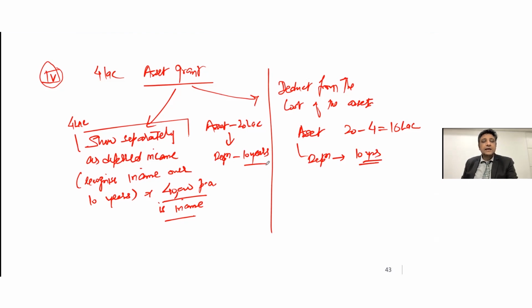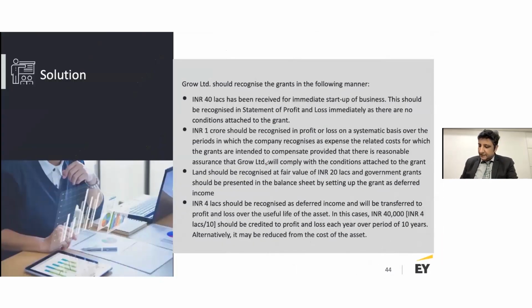All right, let's have a look at the formal solution here. We are saying that Grow Limited should recognize the grant in the following manner. 40 lakh is received without conditions, so it would be recognized in the statement of profit and loss immediately. 1 crore rupees received should be recognized in P&L on a systematic basis over the period in which it recognizes the expenses, provided there is a reasonable assurance that the conditions will be met.